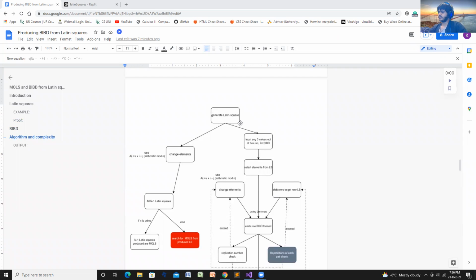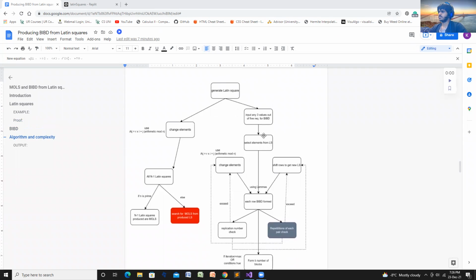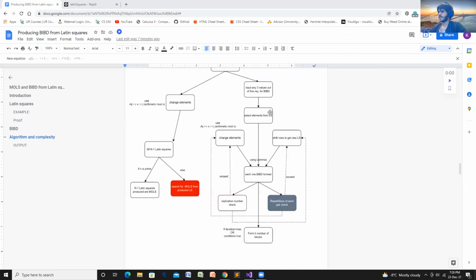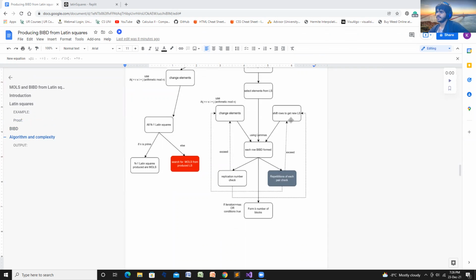And then if we are looking for BIBD, we'll be just inputting 3 values. We are taking only 3 values so that the error is minimized, and the other 2 values will be computed automatically.